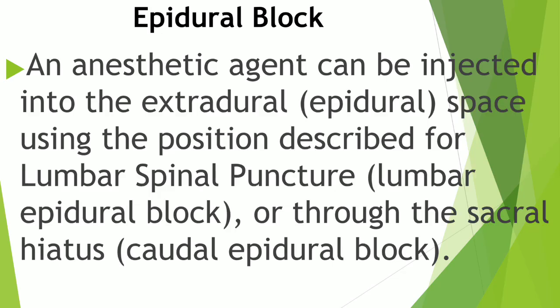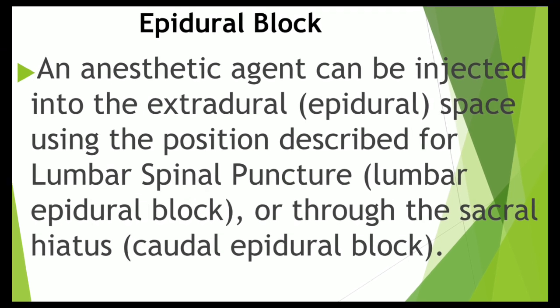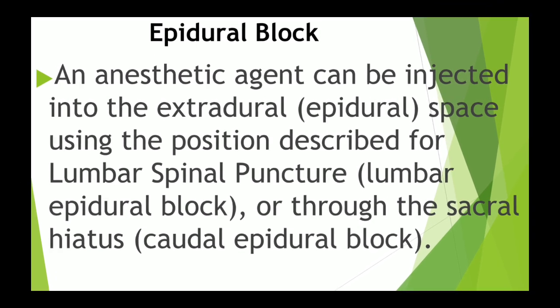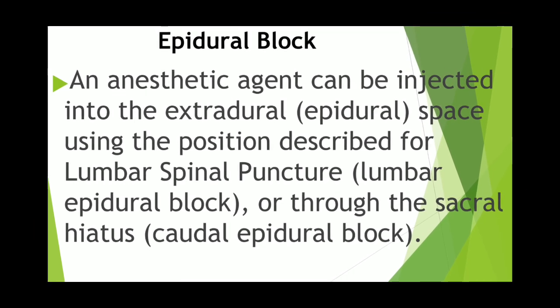Okay, let me talk about epidural block. In epidural block, you are also doing regional anesthesia. An anesthetic agent is injected into the extradural, that's the epidural space. So in this case, you are not going to go into the subarachnoid space. You're stopping at the what? Epidural space. And you use the same position that we described for lumbar puncture, spinal puncture.